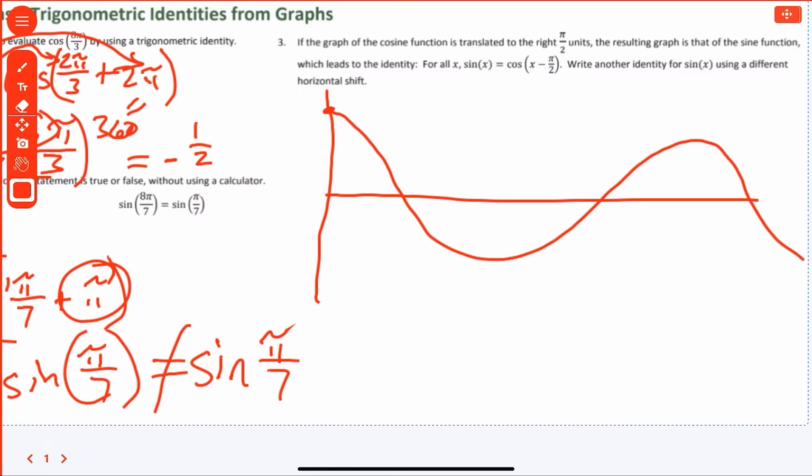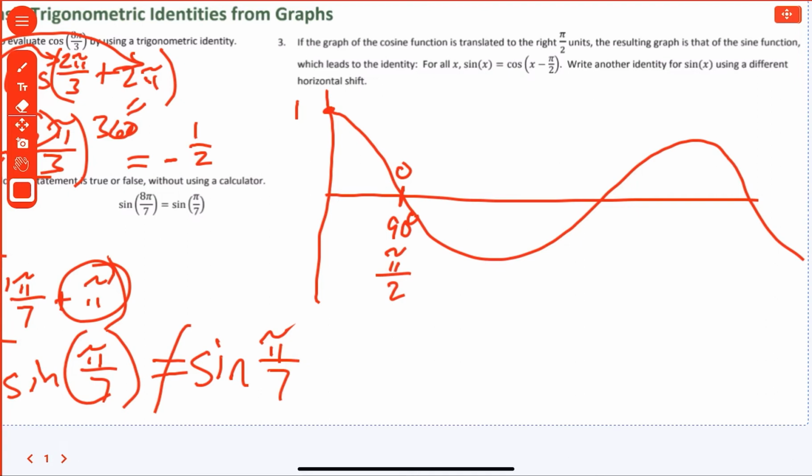But if we translate it 90 degrees, that's when cosine is 0. So instead of it being 1, now we've translated it to where it is 0. And this is the same thing as pi over 2. 90 degrees is the same thing as pi over 2.